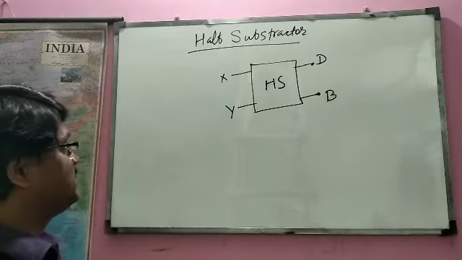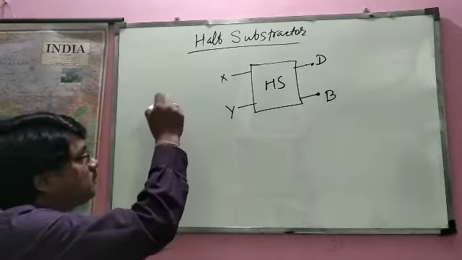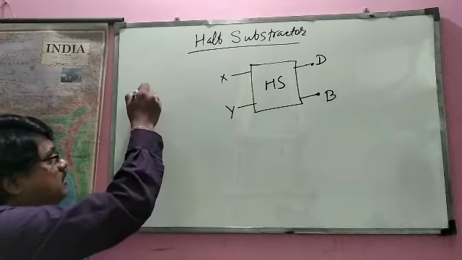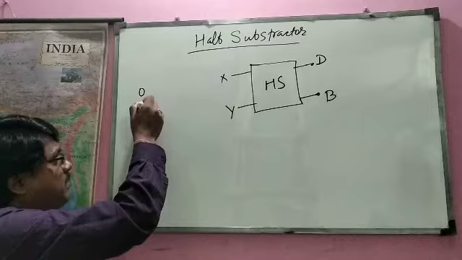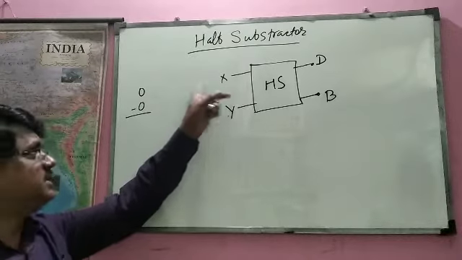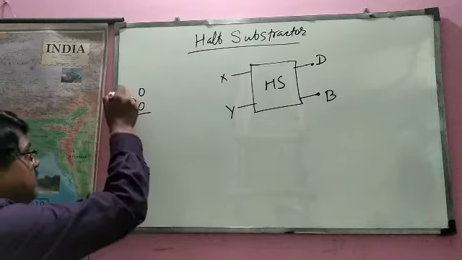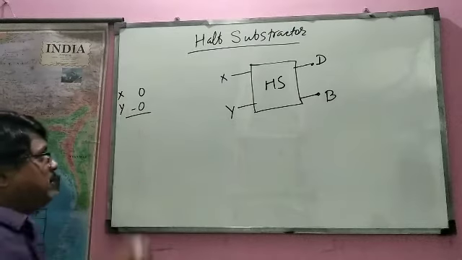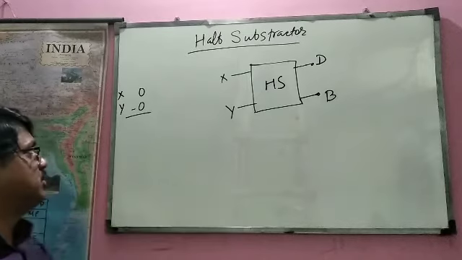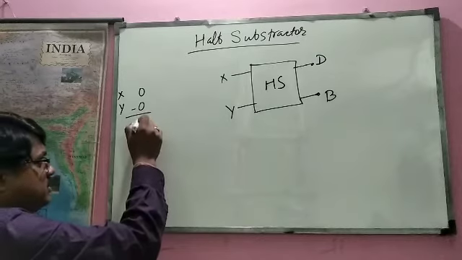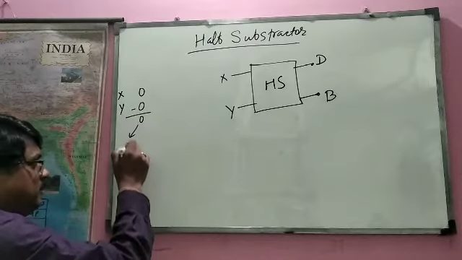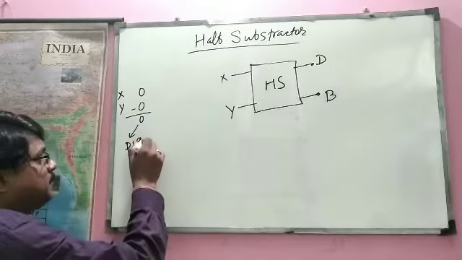Let us see one thing. We want to subtract 0 minus 0. Let us suppose this is x and this is y, and we want to subtract y from x. So what will happen? The result is 0. This is the difference.